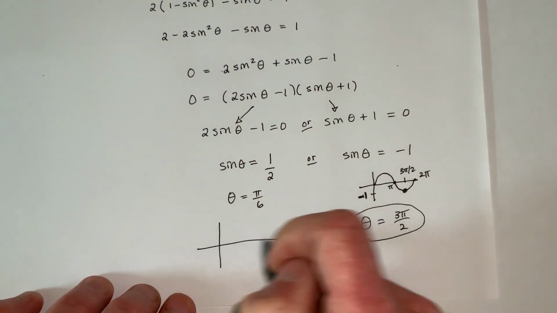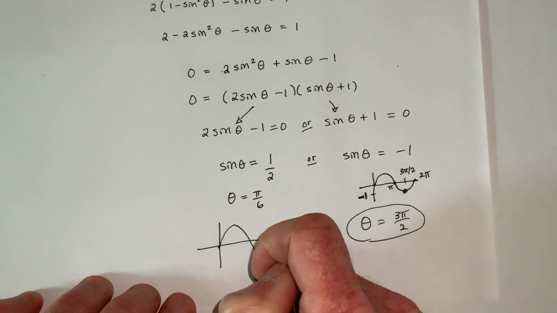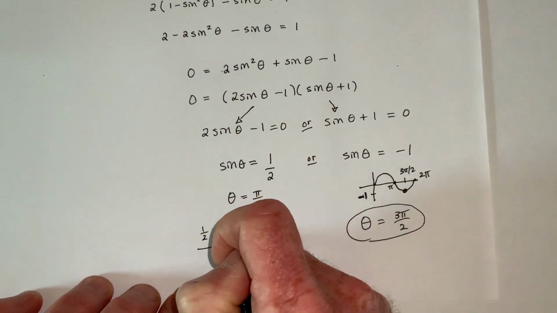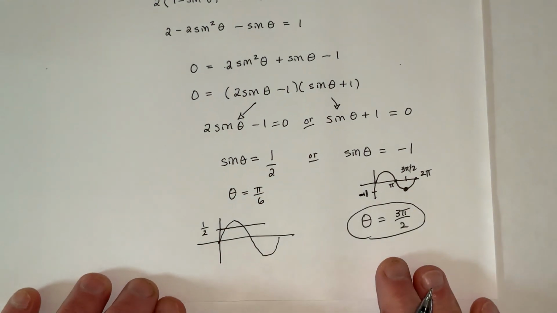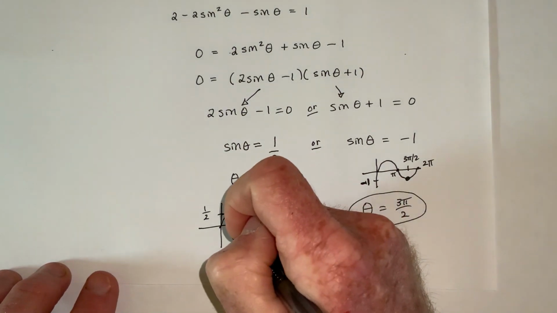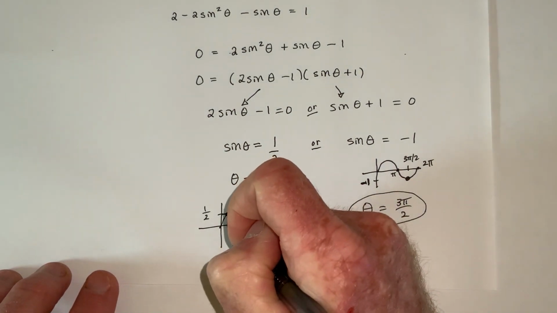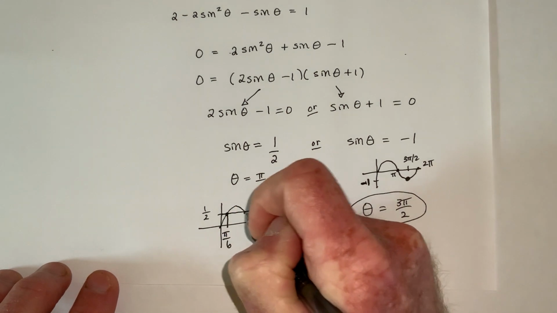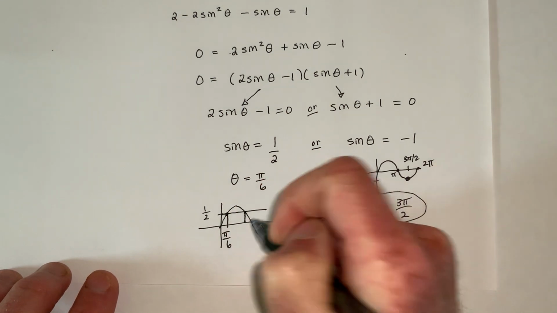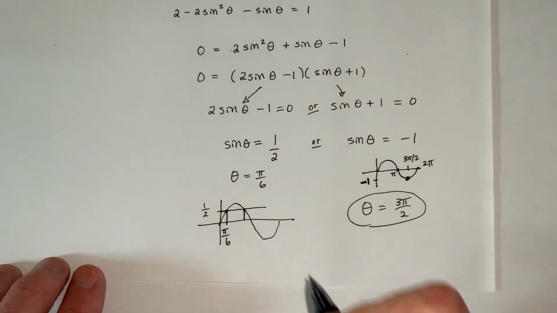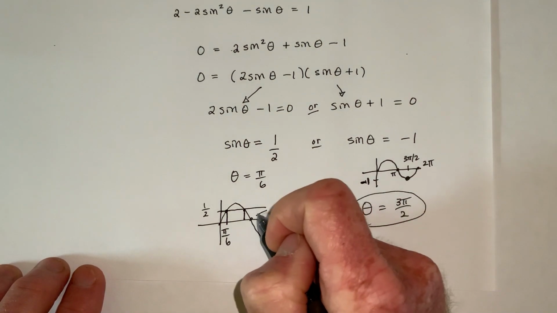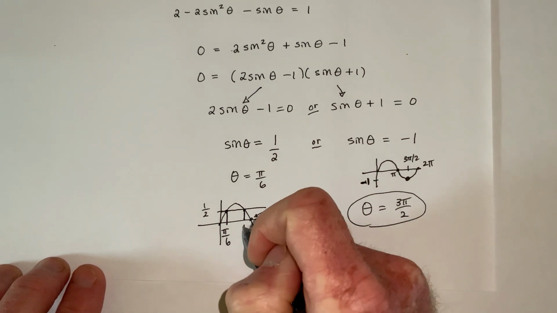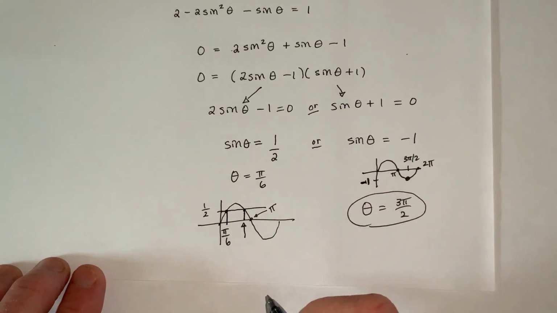Now, if you look at the graph of sine, when does it equal a half? If you draw a line straight across, there's actually two solutions. One solution is the one that we just got, pi over 6. And then there would be another solution right here. Well, right here where it crosses the x-axis, that's pi. This one is just to the left of pi.